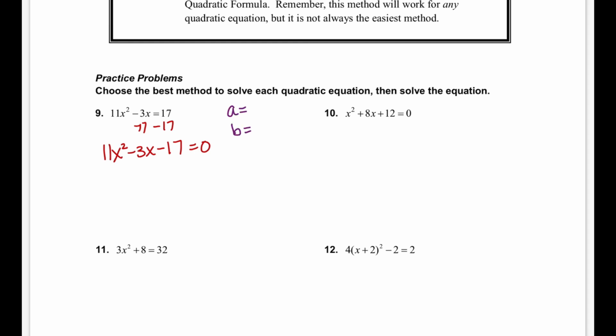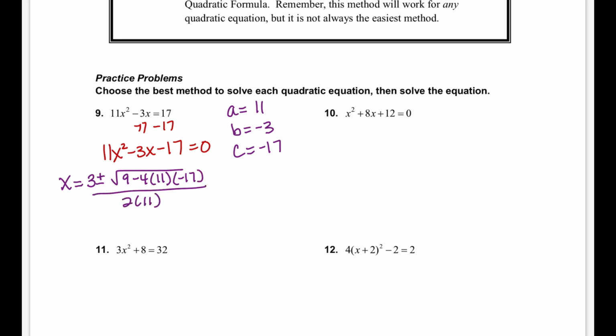So I'm going to write down my a equals, my b equals, and my c equals. a equals 11, b equals -3, and c equals -17. I'm going to use my quadratic formula. x equals -b. b is -3, so that gives me a +3, plus or minus the square root of b squared. -3 times -3 is +9, minus 4 times a, which is 11, times c, which is -17, all over 2 times 11.